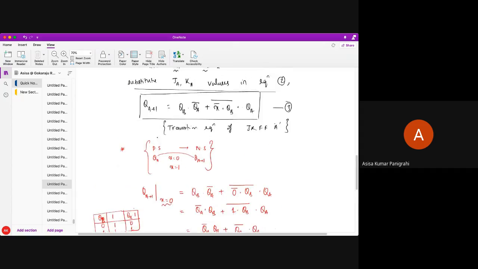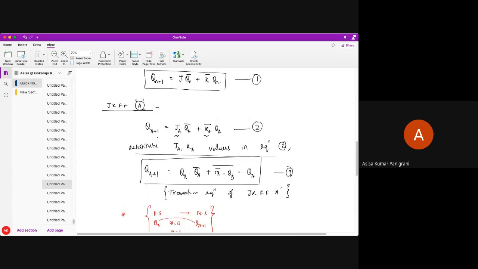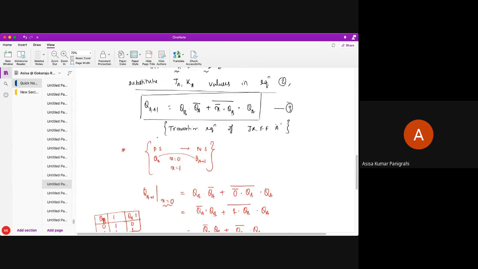I have just taken the characteristic equation, from there got the specified transition equation. After that I know that my transition is from present state to next state. For input x equal to 0 one transition, for input x equal to 1 another transition. You know that this is my Moore circuit state diagram. If I am in this state, I am going to have for x equal to 0 one transition, for x equal to 1 let's say another transition.